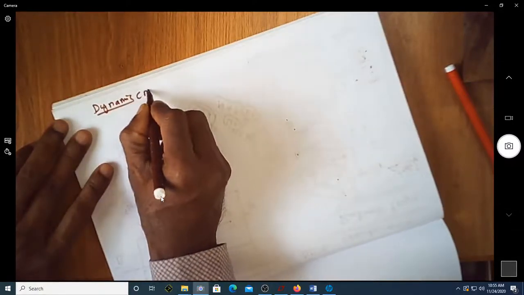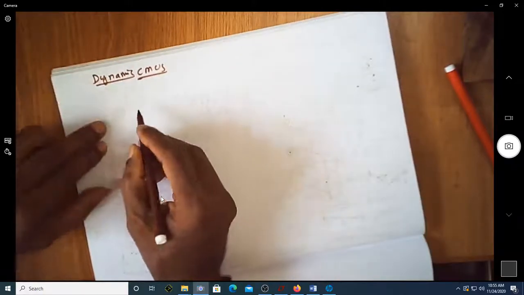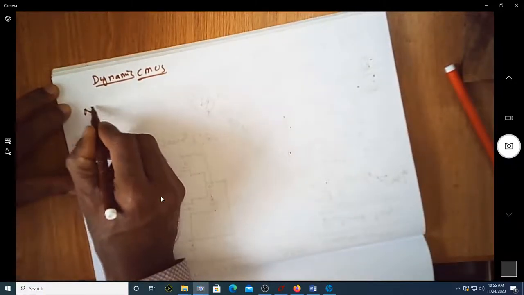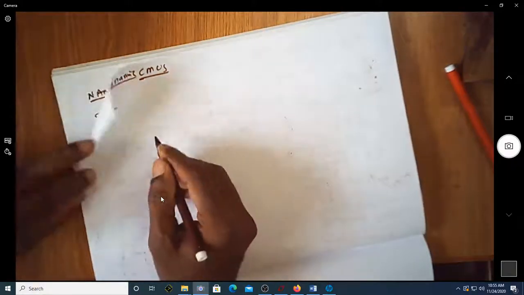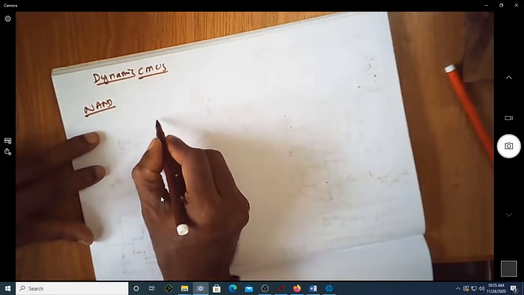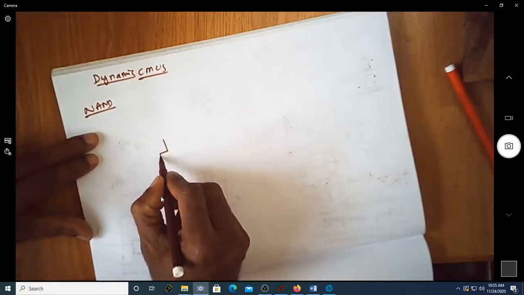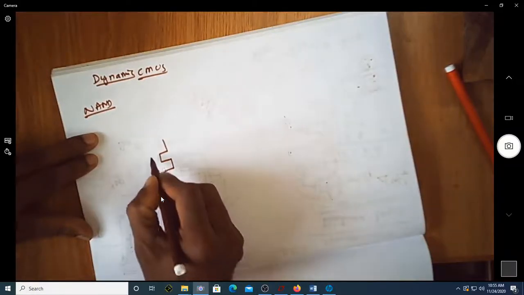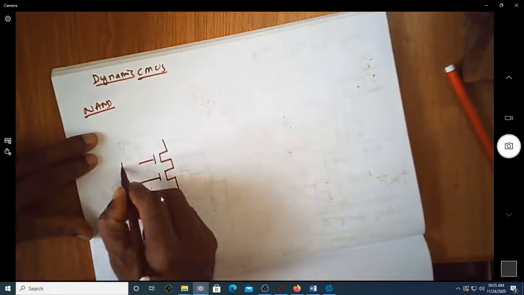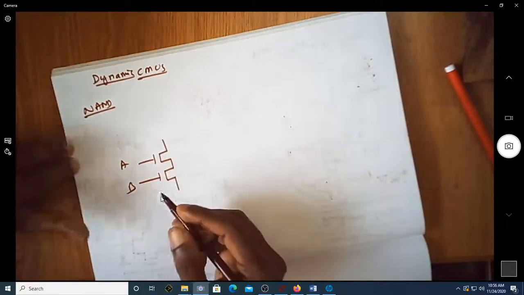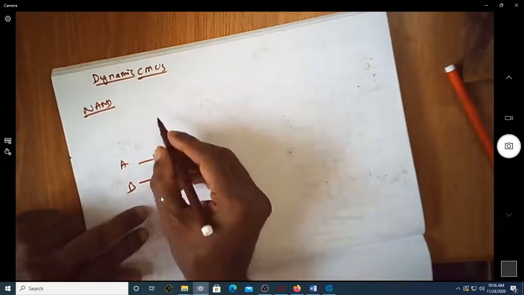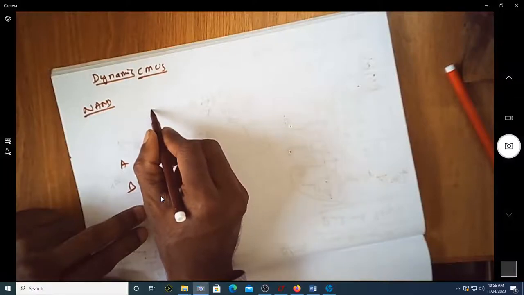So this is the dynamic CMOS implementation. Let us again take the same NAND gate. Here we are going to have the same pull down network as we had in case of pseudo NMOS, as well as the static CMOS implementation.